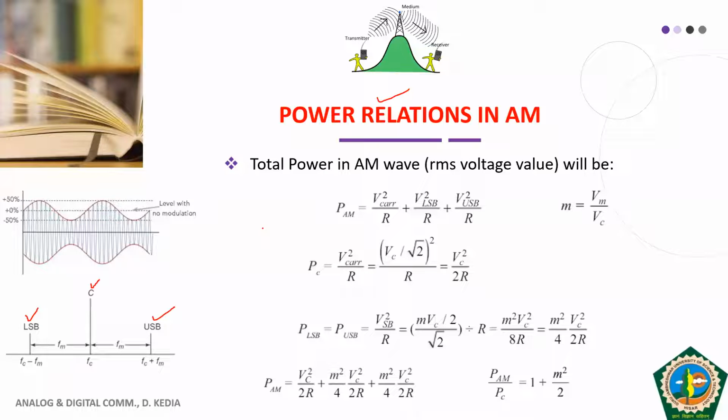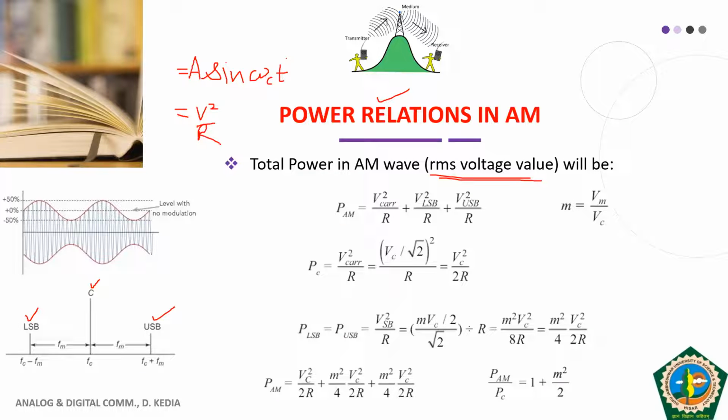If we have a sine wave represented by the expression A sine omega c t, and I ask you how much is the power of this sinusoidal signal, then if we want to obtain power, power is equal to the root mean square voltage, the RMS value of the voltage, divided by R. We know that power is equal to V square by R.